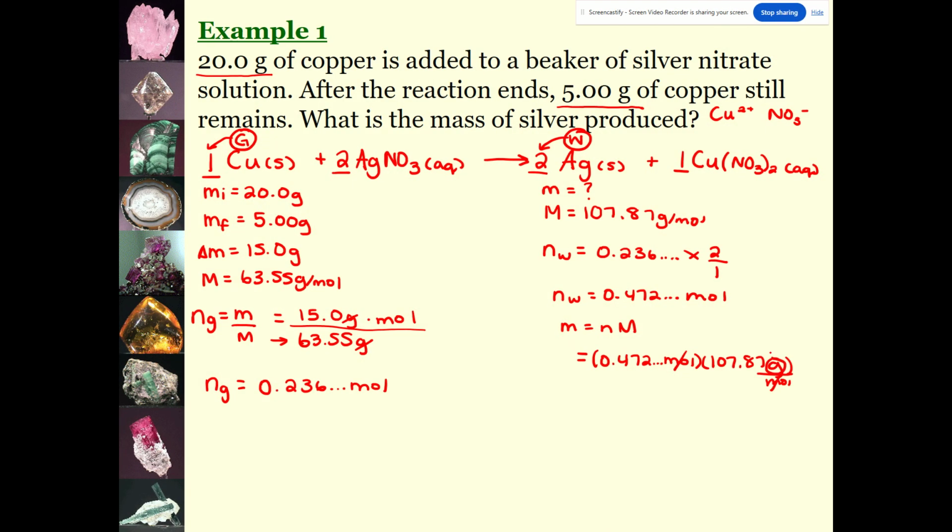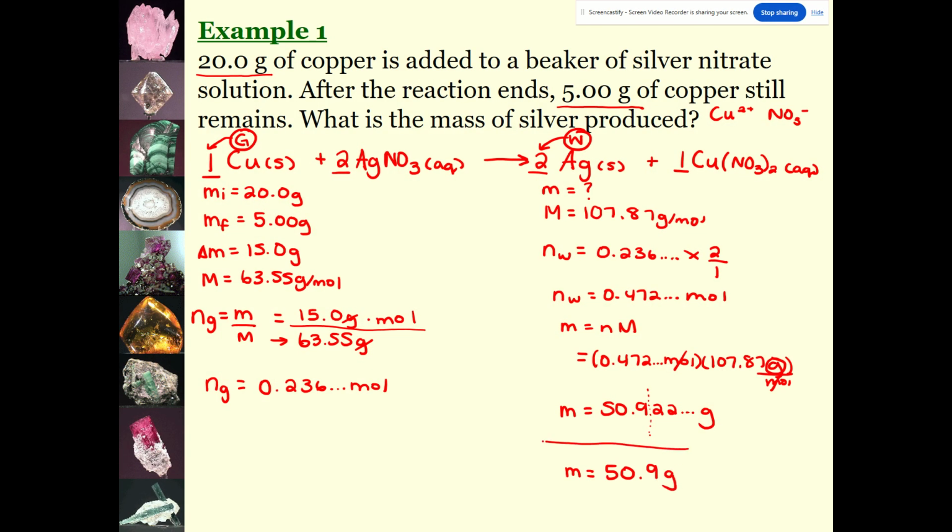So times 107.87 gives me an answer for my mass of 50.922 so on grams. Now I look back up the question. There's 3 sig digs in those numbers, so I can have 3 sig digs in my answer.